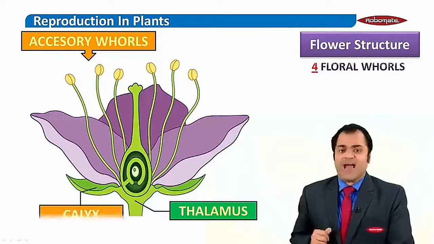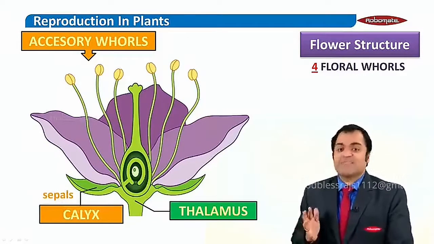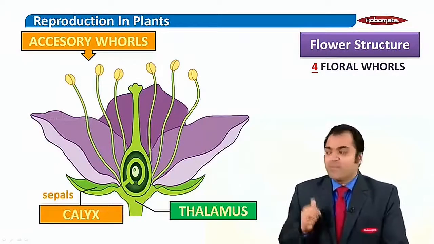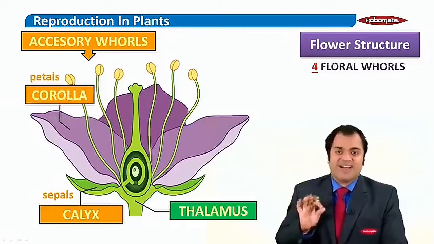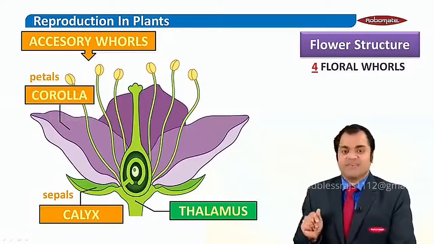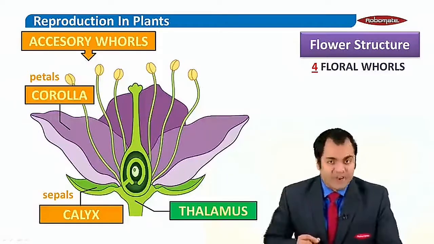That one outside is called as the calyx. And remember, the calyx is made up of sepals. You got it right. The beautiful colored one up there is called as the corolla. Absolutely. And the corolla is made up of petals, right? Both calyx and corolla are called as accessory whorls.